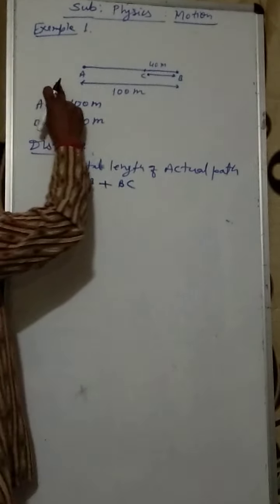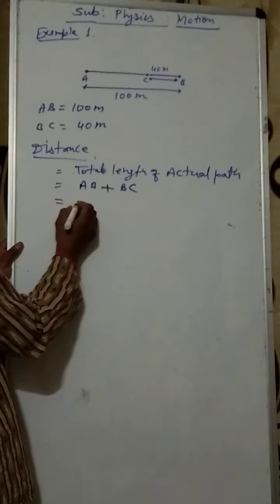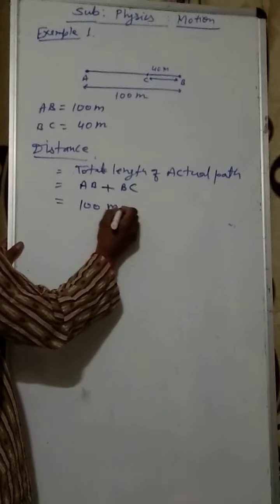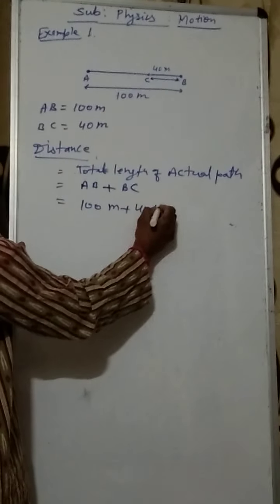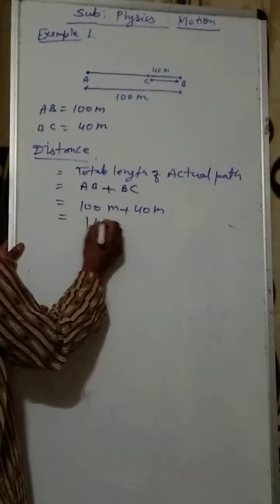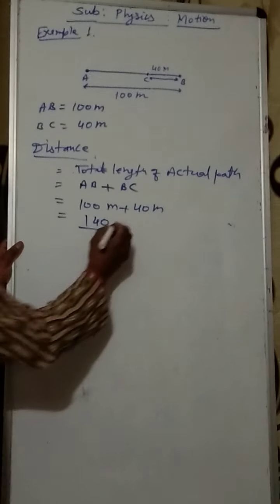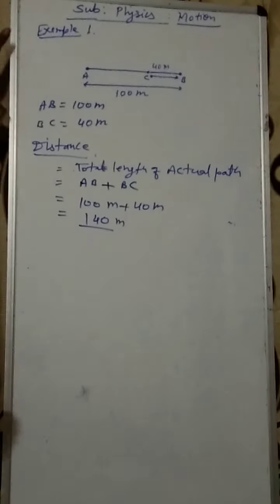Are you getting this point? First it goes from A to B and then comes from B to C. That is the actual path. AB is equal to 100 meter and BC is equal to 40 meter. So the total length is 140 meter. This is the distance traveled by the object.